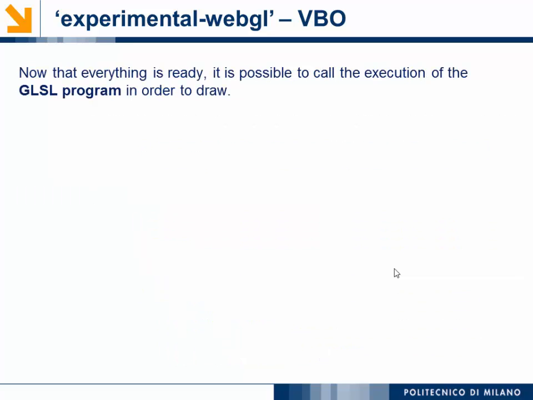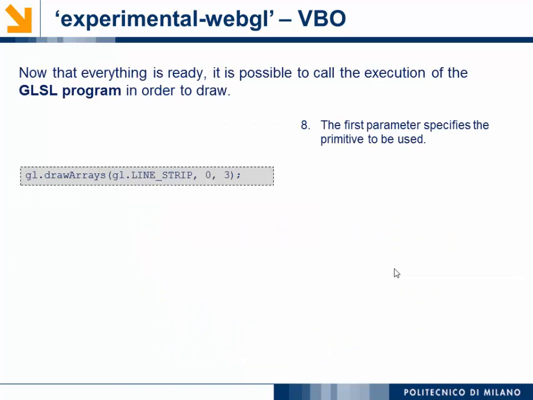And the last two values, I left them for a future lesson. Okay, at this point, finally, we can call the drawing function. In this case, we decided to create a line strip. We have 3 vertices, so starting from the 0 element of the set of data up to the 3rd one.